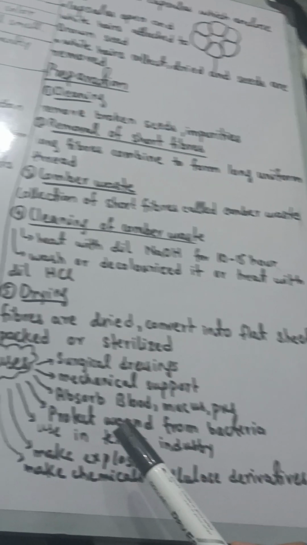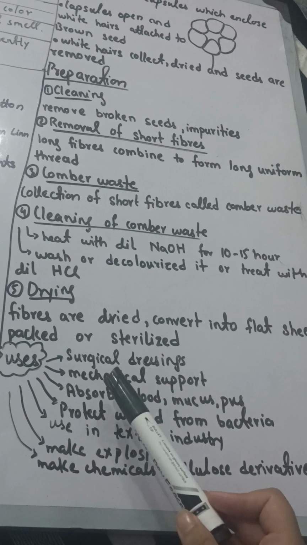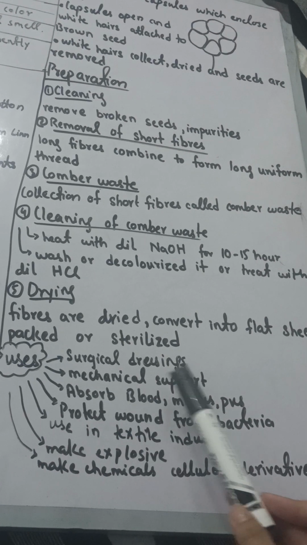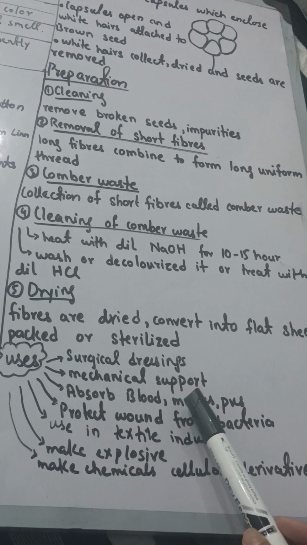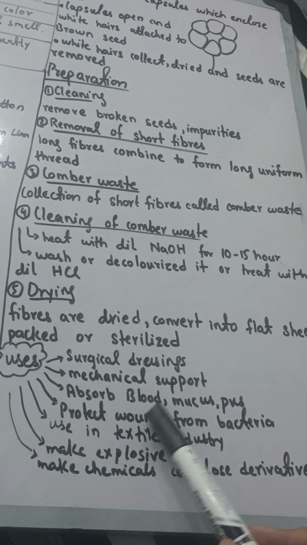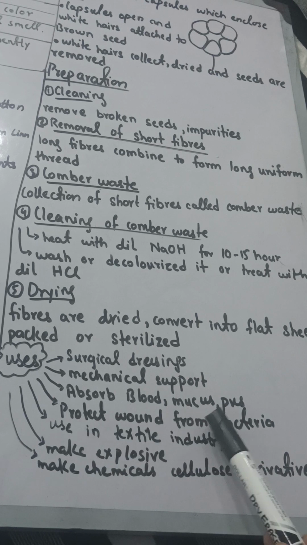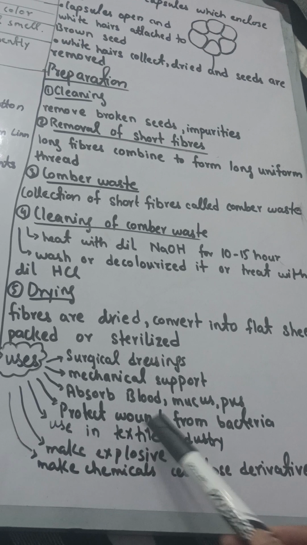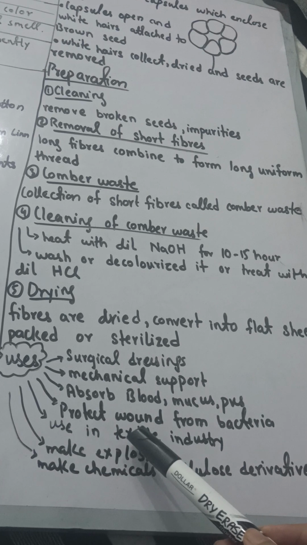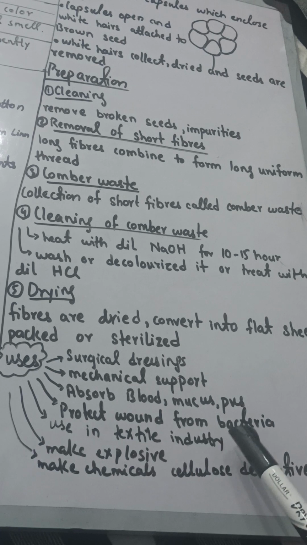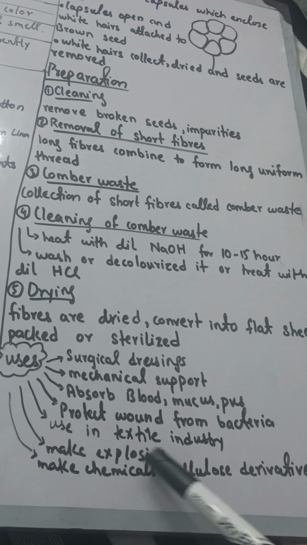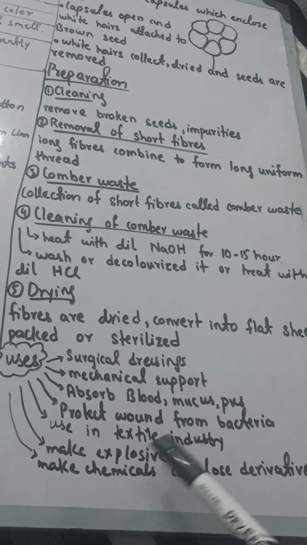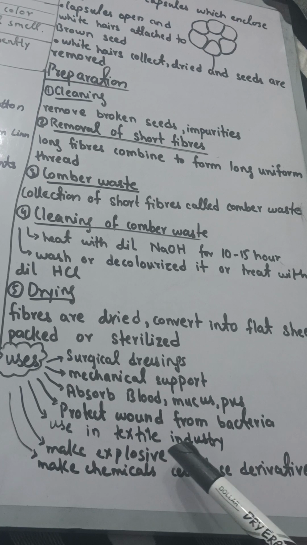Now let's discuss the uses of cotton. It is used in the preparation of surgical dressings. It is used for mechanical support. It is used to absorb the blood, pus, and mucus which are formed on the body. It is used to protect a wound formed on your skin from various kinds of microbes and bacteria. It is used in the textile industry to make fabric and various kinds of cloths.